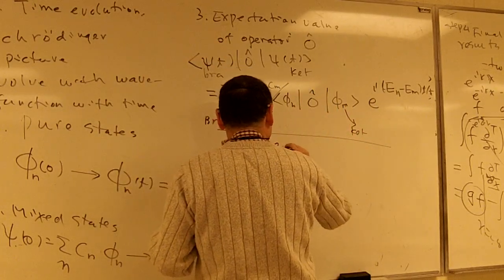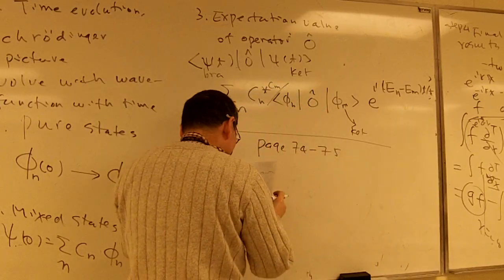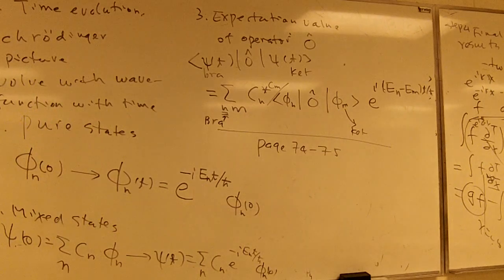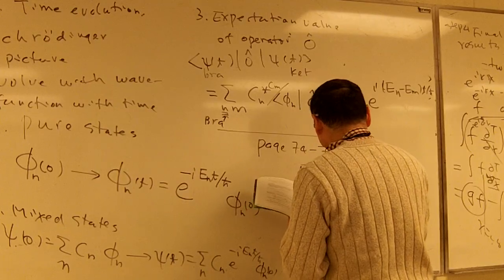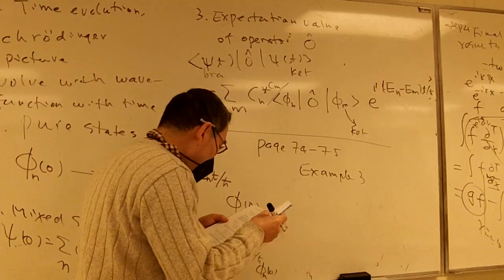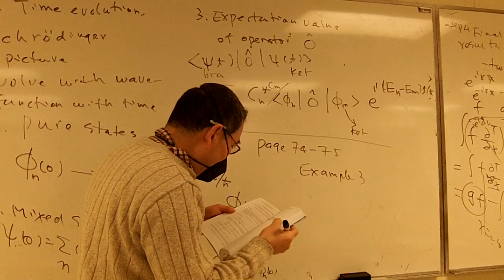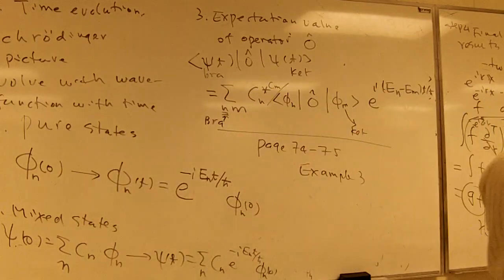So we're going to look at an example, page 74 to 75. And Aisha, I will tell you which one it is. We're going to read the example in the textbook. This is example 3, about the uncertainty principle in the time domain, a harmonic oscillator initially in a mixed state. Just below the equation, the equation numbers.